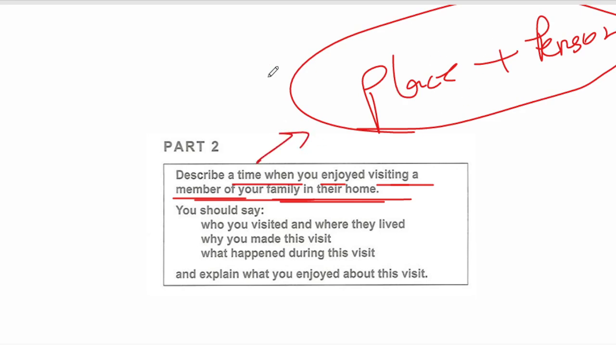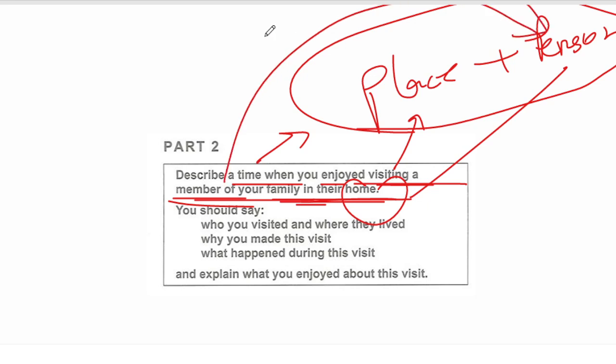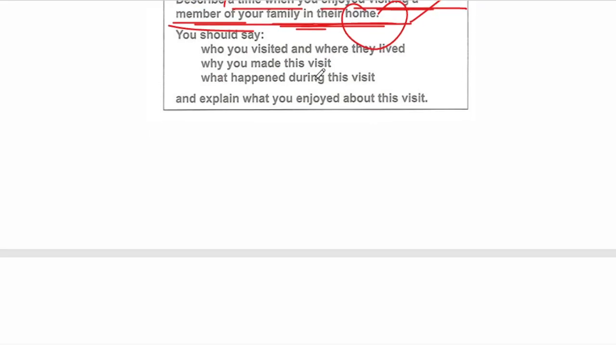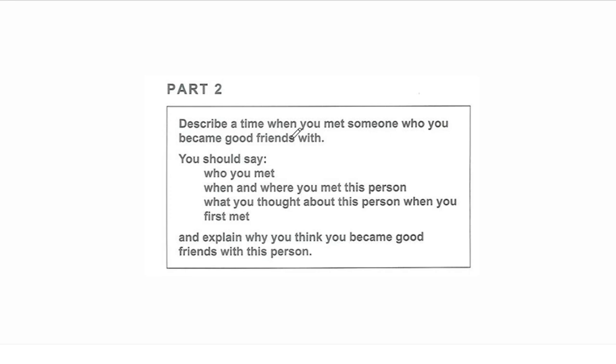Because you are talking about visiting a member of your family in their home. So home is place, and a member of your family is person. Place plus person. Describe a time when you met someone who became a good friend. You're talking about someone, meaning person.